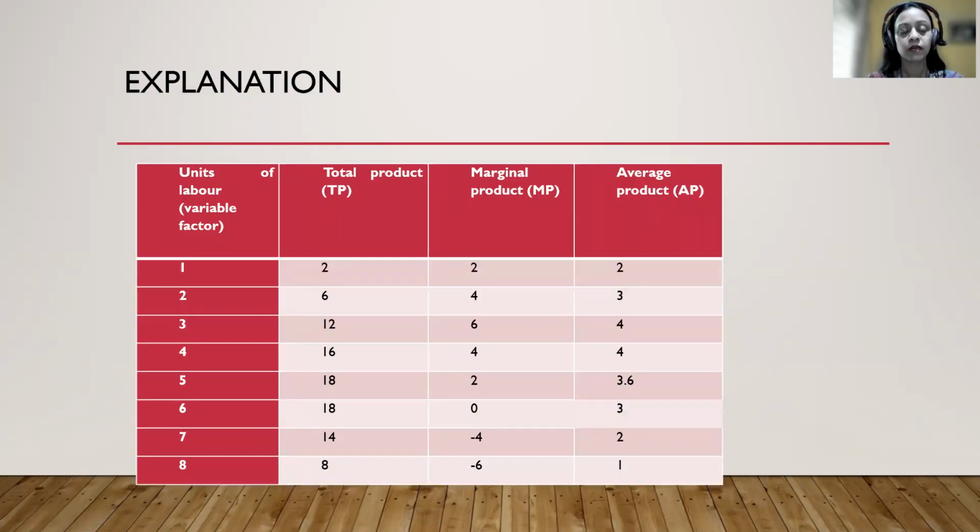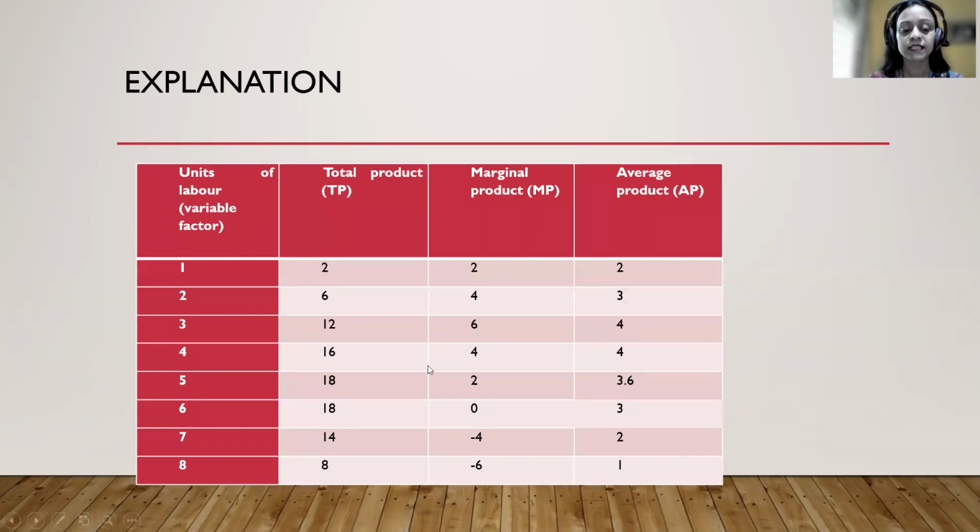Let us have a look at the explanation. Land is kept constant and units of labor vary from 1 to 8. We slowly increase units of labor from 1 to 8. Total product increases initially at an increasing rate.